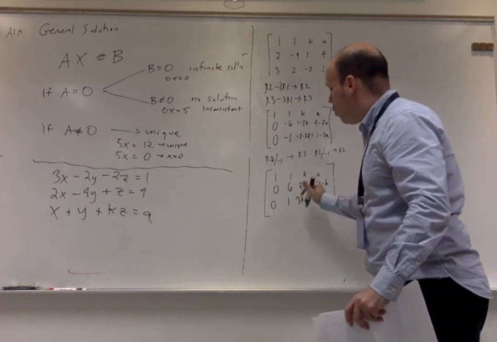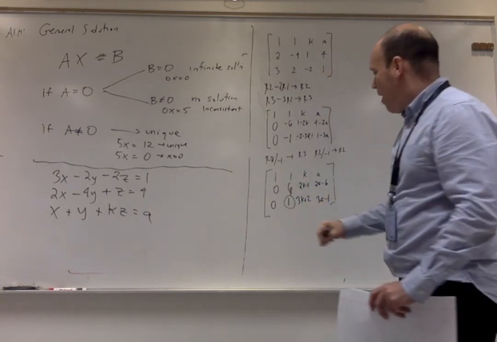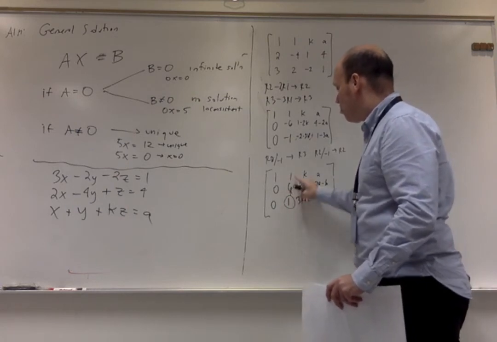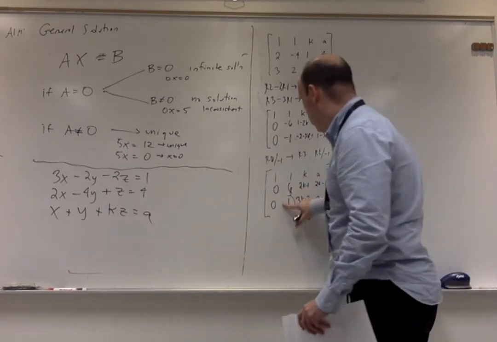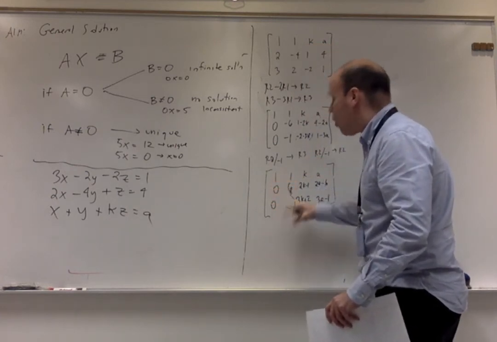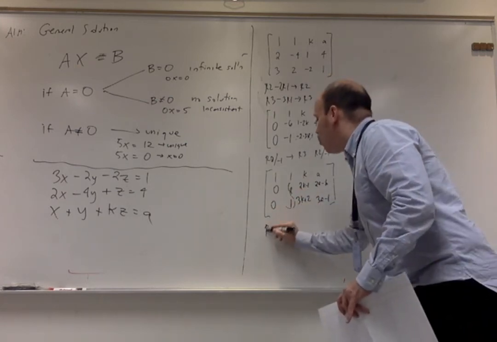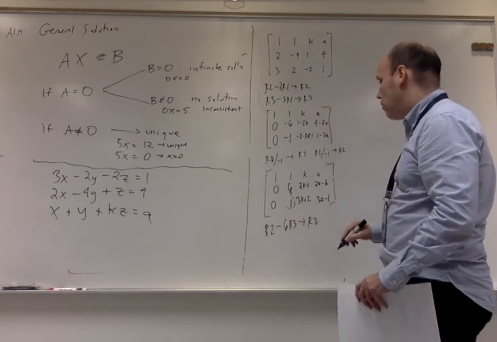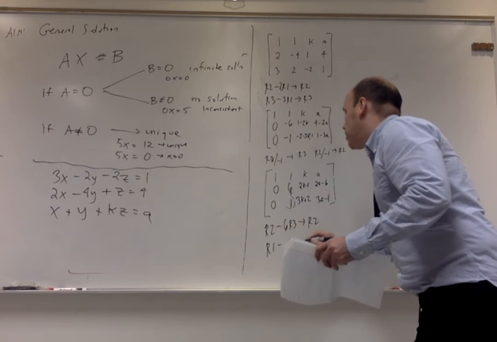I'm going to use this 1 to get rid of that 6. Or I can use this 1... I'm sorry, I can't use it because that 1 would put a 1 back here, and there's a 0 here. So row 2 minus 6 times row 3 is my new row 2. And while we're at it, row 1 minus row 3 is my new row 1.